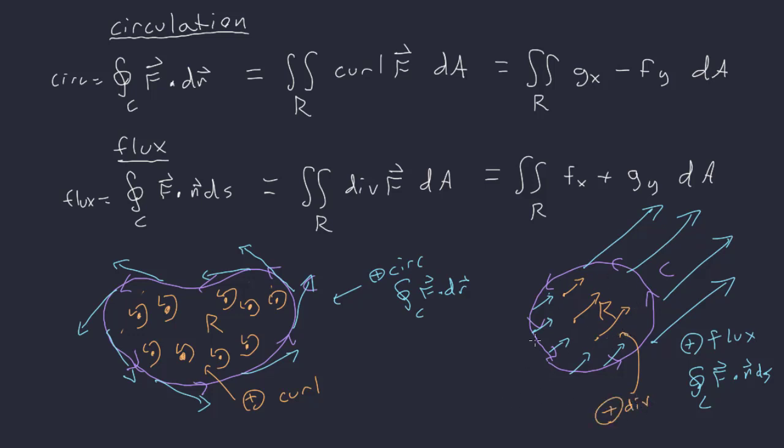And the way that the divergence is behaving within the region can tell us how the flux operates on the boundary.